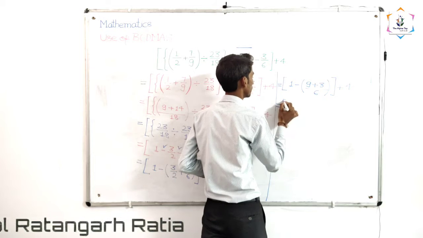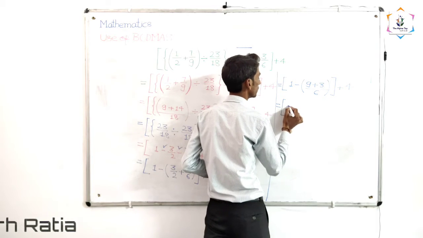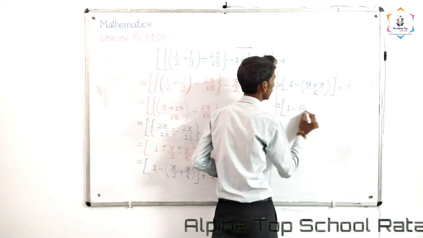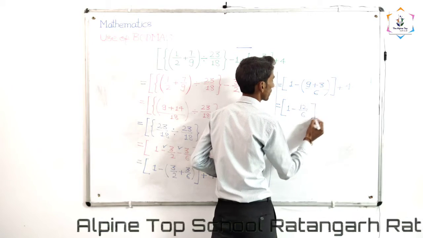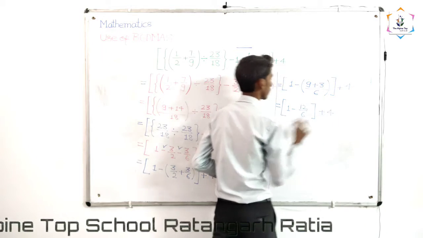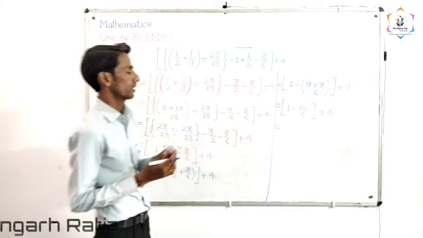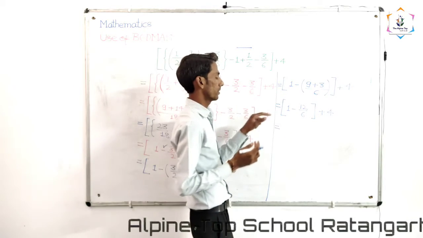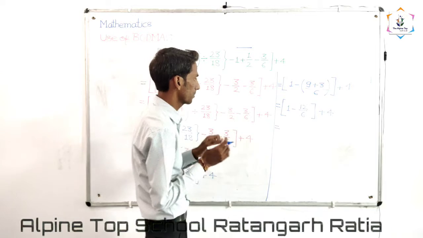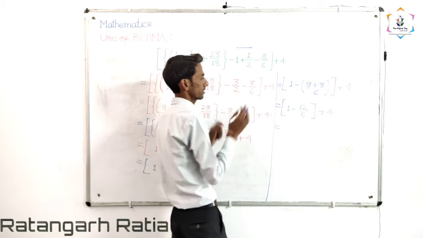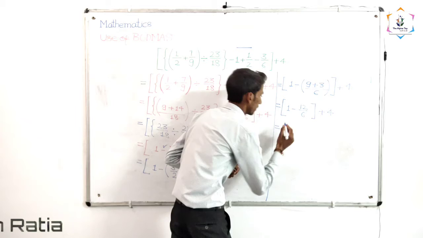First equal sign. 1 minus, obviously 9 plus 3, 12 by 6. Square bracket closed. Plus 4. Now dear students, final calculation, because at the last we have reached the step in which only the final bracket, that is the square bracket, is left here. Now we have to solve.